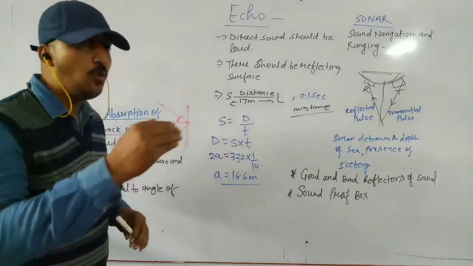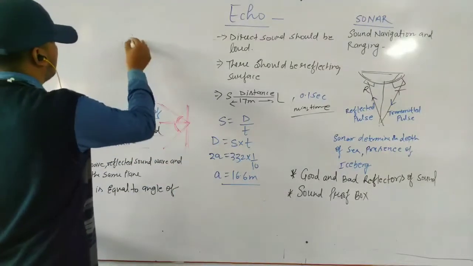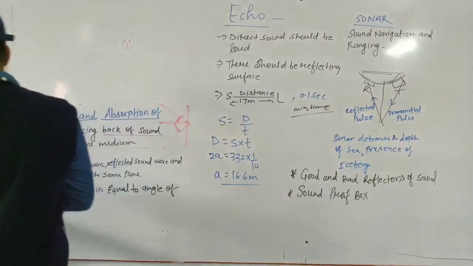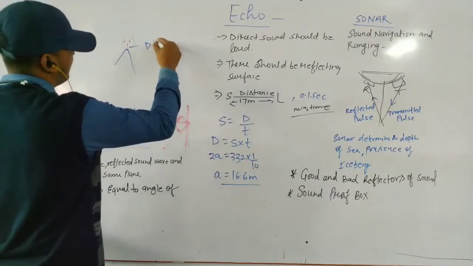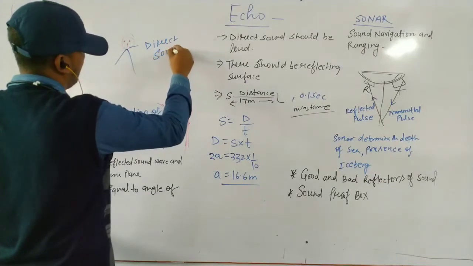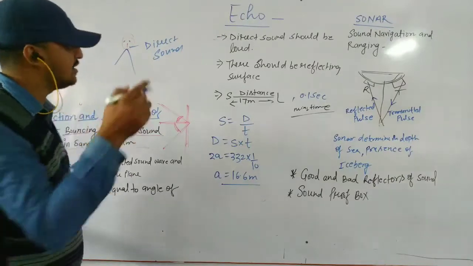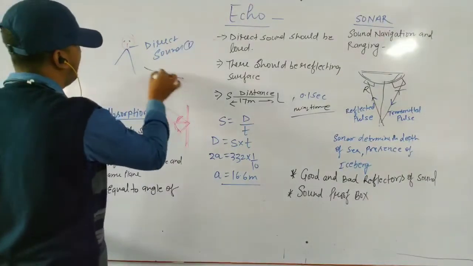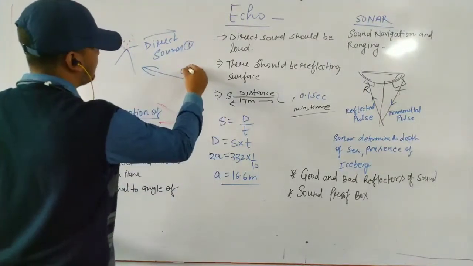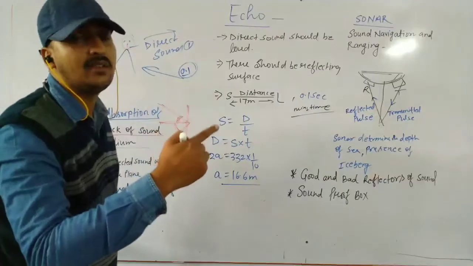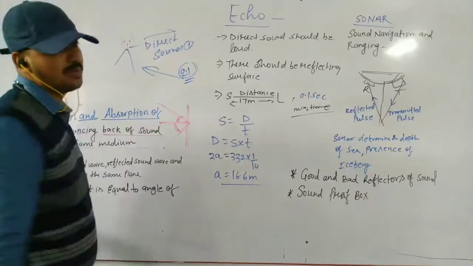When we are saying something to someone, suppose this is a person, he is saying something, so there are two sounds. The first one is direct sound. If I am saying something, it is a direct sound. And the second sound, which we hear after some time, approximately 0.1 second, 1/10th of a second, that is an echo of sound.